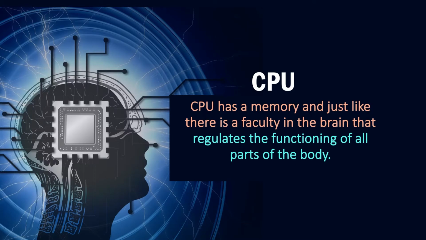Almost all the controlling and processing activities are the responsibility of the CPU, because our brain takes care of all the body components, controls all their activities, takes input from external agencies, and processes it on the basis of a specific context or question around which that input is taken.